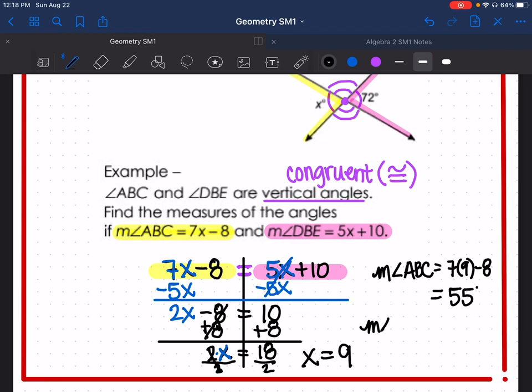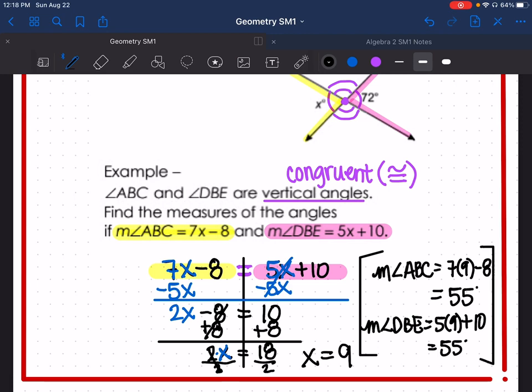And the measure of angle DBE would be 5 times 9 plus 10, which is also 55 degrees. You should get the same answer because remember, vertical means we are equal. Vertical means congruent, which means we are equal.